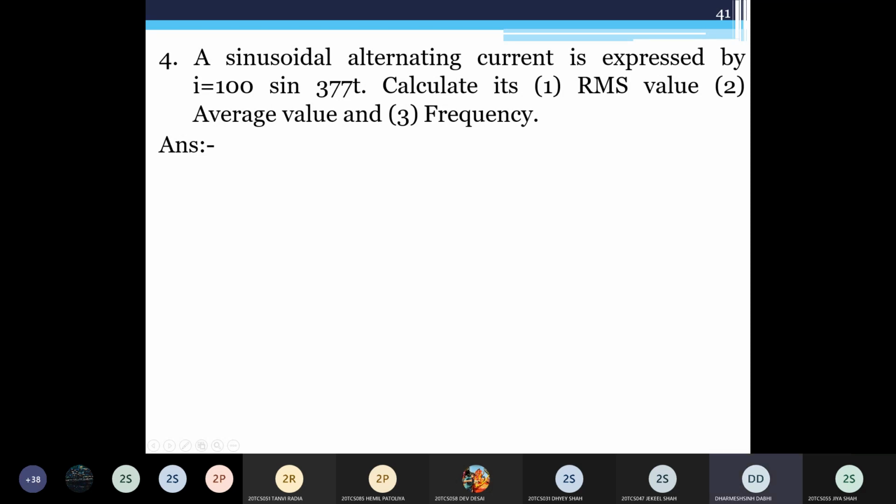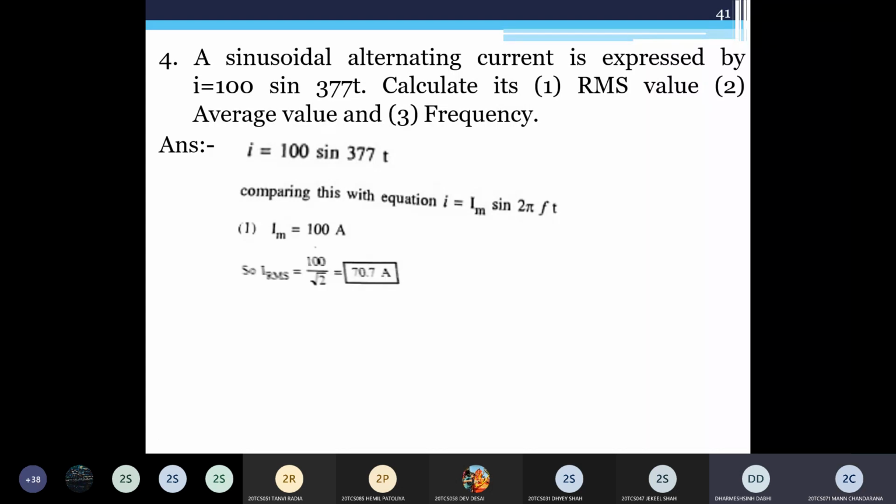Give me the answer, anyone? What is the RMS value? 70.9. 50 root 2. Yes, RMS value is 70.7 ampere.